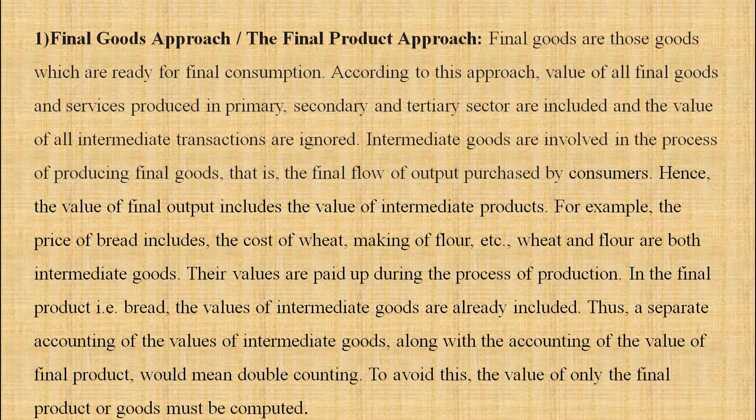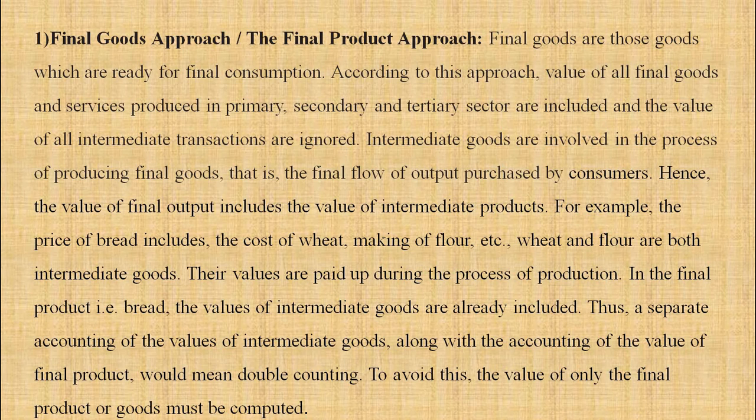Intermediate goods are involved in the process of producing final goods, that is, the final flow of output purchased by consumers. Hence, the value of final output includes the value of intermediate products.